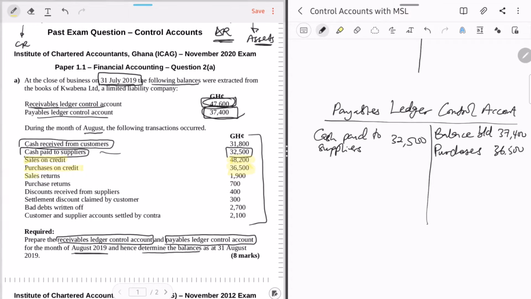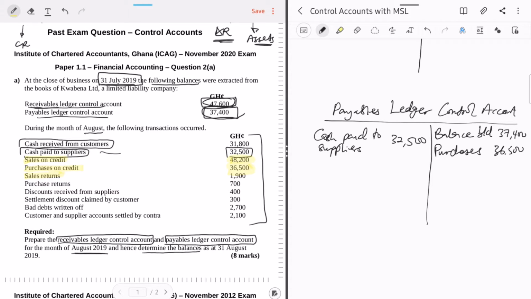Sales returns. Sales returns are the same as what we call returns inwards. What do we mean by sales returns? This is where you sell something to someone and then the person returns it to you as a business because they do not want it, they do not need it, so they want maybe a refund or they want a replacement.